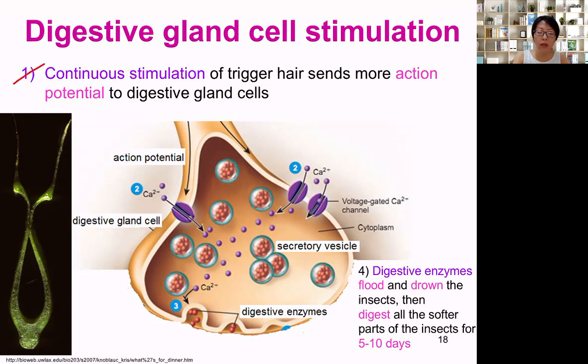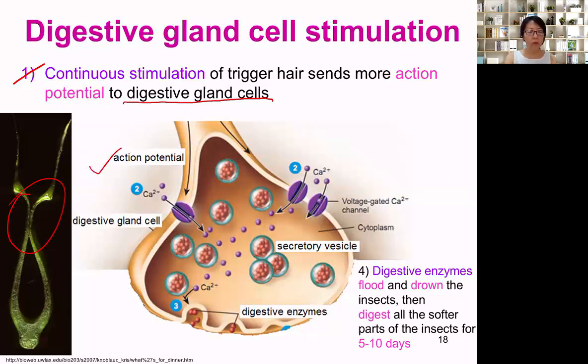Then it also stimulates the digestive gland to secrete enzymes, okay? So continuous stimulation of trigger hair sends more action potential, not only to midrib cell to make this part here continue to close, but also to activate digestive gland cell to secrete enzymes.